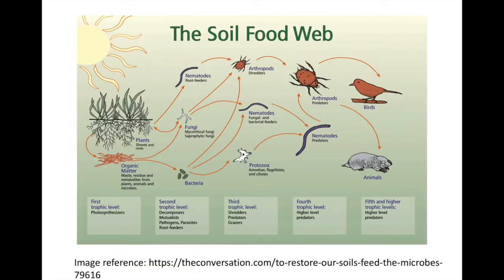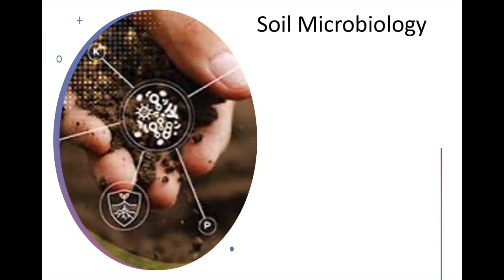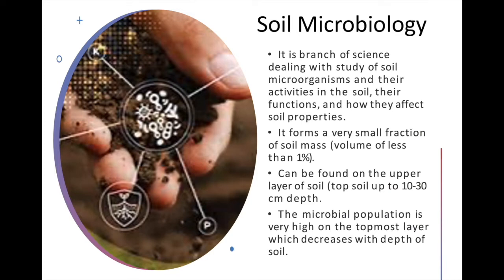A large number of bacteria in the soil exist, but because of their smaller size, they have smaller biomass. I'm going to talk about that later on, about the biomass of the different microorganisms present in the soils. But before that, what exactly is soil microbiology? Let us define this terminology, soil microbiology. It's there on your screen.